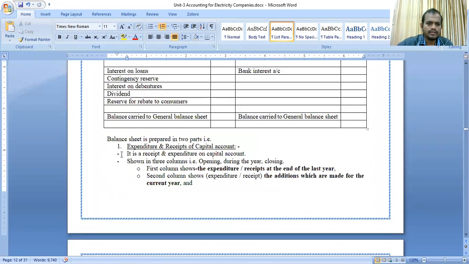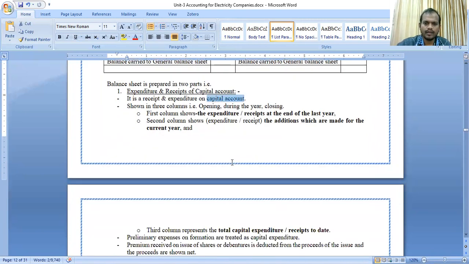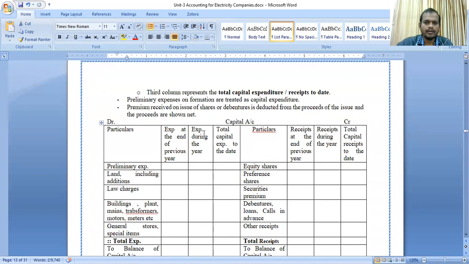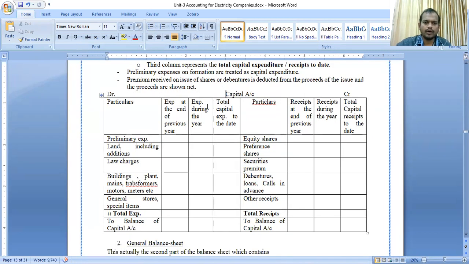Likewise, the balance sheet is also prepared in two parts. The first part of the balance sheet is the capital account. We will record all the capital receipts and capital expenditure in the capital account. The pro forma of the capital account has three columns.